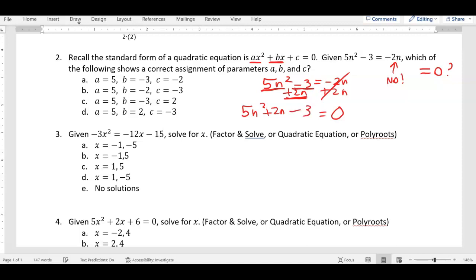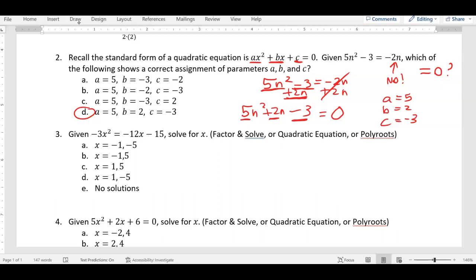Okay? N squared, then n, then no n. Right? Squared, 1 degree, just a constant. Now, once I have it in the standard form, I have A, B, and C. So I got 5, 2, and negative 3. So A equals 5, B equals 2, C equals negative 3. Cool.